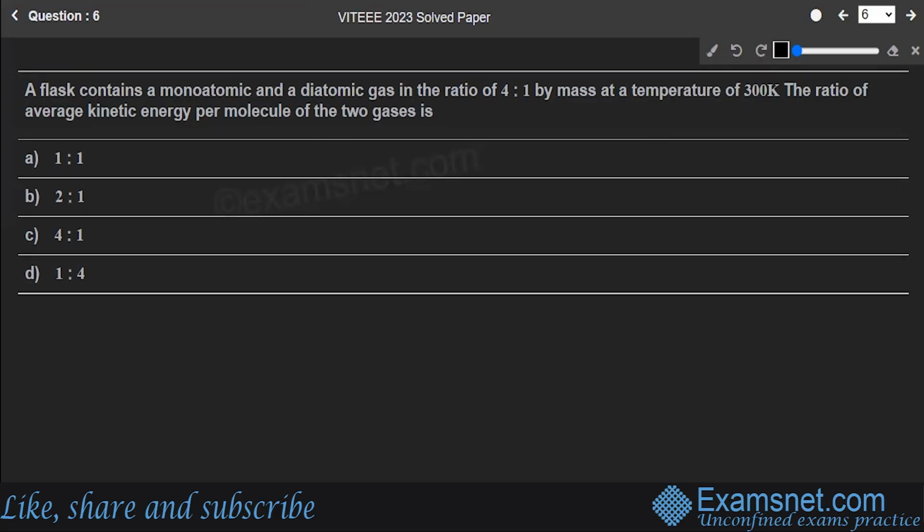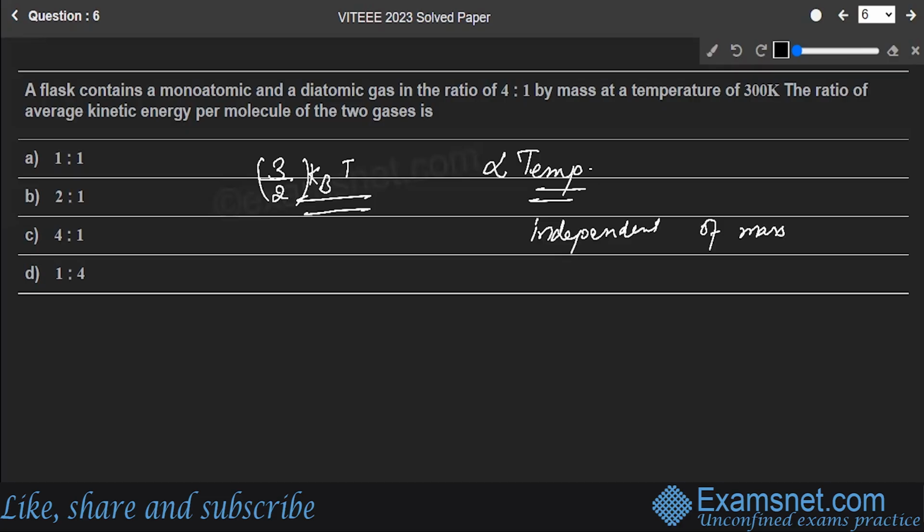The average kinetic energy per molecule of any ideal gas is always equal to 3 by 2 kB into T. It depends only on the temperature and is independent of mass and nature of gas. So the ratio of average kinetic energy per molecule of the two gases is equal to 1:1. Option A.